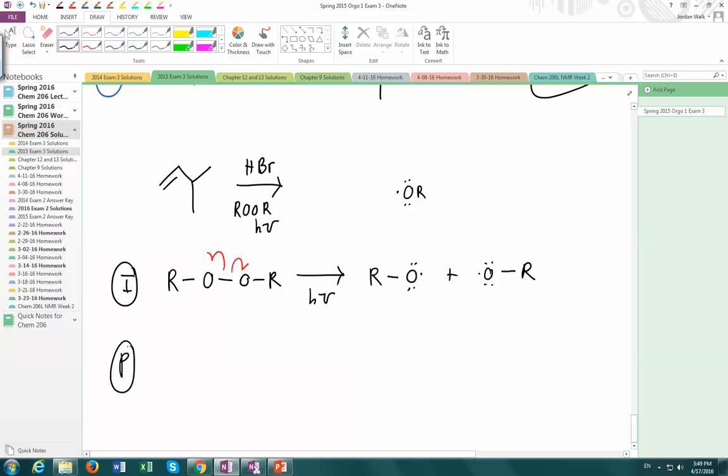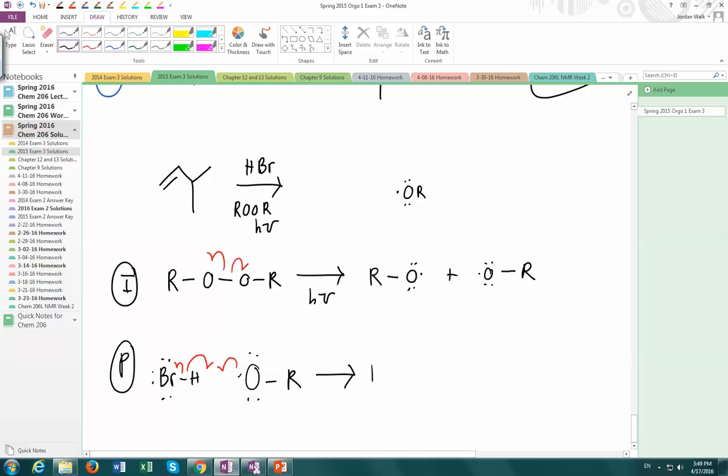And so in this case now, we're going to take our radical, and what we do is we react that with HBr. Okay, now, so this is our propagation step. So what happens is we're going to abstract this hydrogen from HBr as such.